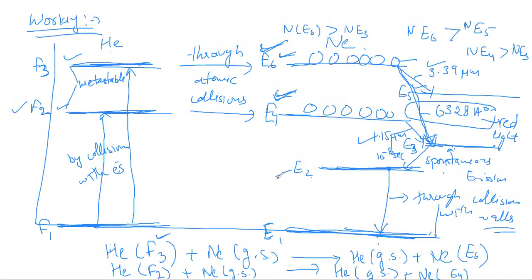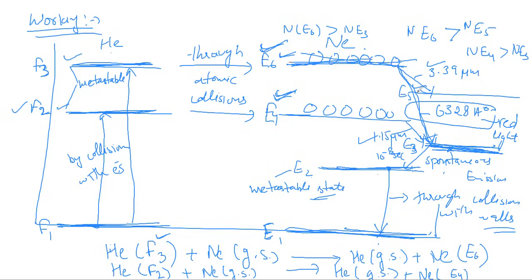Another thing is this E2. Why we are bothered about bringing the atoms back from E2 to E3? क्योंकि आपकी E2 जो स्टेट है वो आपकी मेटास्टेबल स्टेट है. आप यहाँ पे अगर एटम बिल्ड करना शुरू कर दोगे, ये स्पॉन्टेनियस एमिशन से जो फोटोन एमिट हुआ है वो वापस एब्जॉर्ब भी हो सकता है और E2 से आप वापस E3 में जा सकते हो. रिमेंबर आपको पॉपुलेशन इन्वर्जन चाहिए E3 और E6 में.